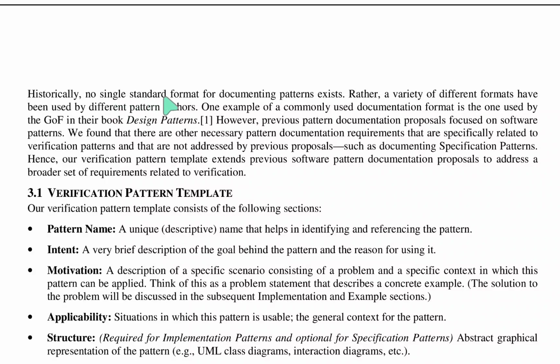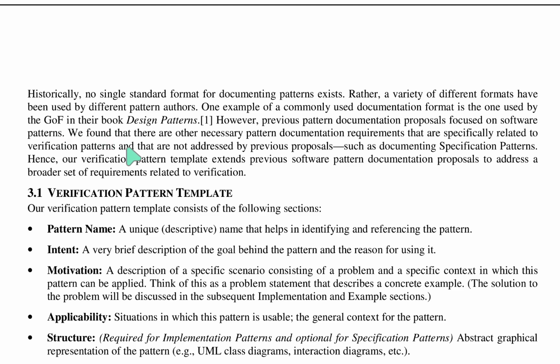Historically, no single standard format for documented patterns exists. Rather, a variety of different formats have been used by different pattern authors. One example of a commonly used documentation format is the one used by the GoF in their book, Design Patterns. However, previous pattern documentation proposals focused on software patterns.